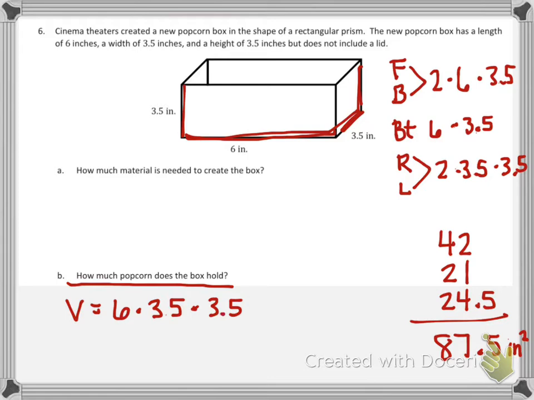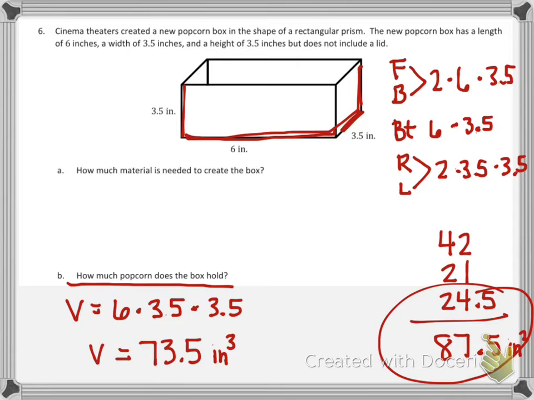And that will be the volume of the popcorn box. So when we multiply 6 times 3.5 times 3.5, we get the volume is equal to 73.5 inches cubed, because it's volume. So surface area, 87.5 square inches, volume, 73.5 cubic inches.